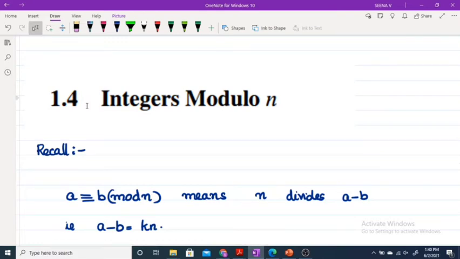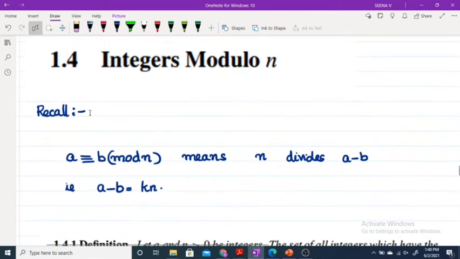So before going to the section, just recall what is the definition of a congruent to b mod n. I think you have studied this in your first sem, second sem, etc. Okay. Now what is the meaning of a is congruent to b mod n?